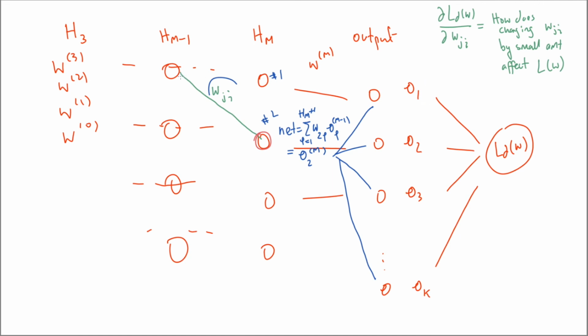What I'm trying to illustrate is that the effect of W_ji goes through here, and then goes out to a bunch of other output units. So this question becomes really difficult because I'm trying to explain the effect of L with respect to W of something here. I have to explain the effect of this guy on all of these units individually, and then figure out the effect of all of these units on the final outcome.